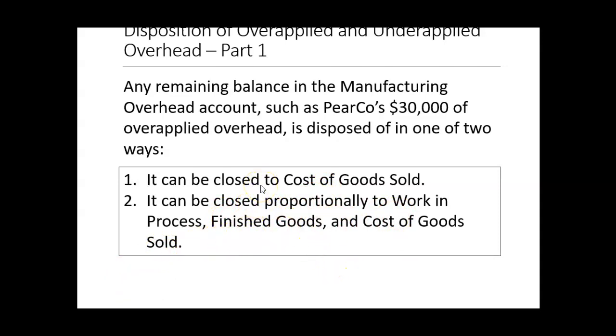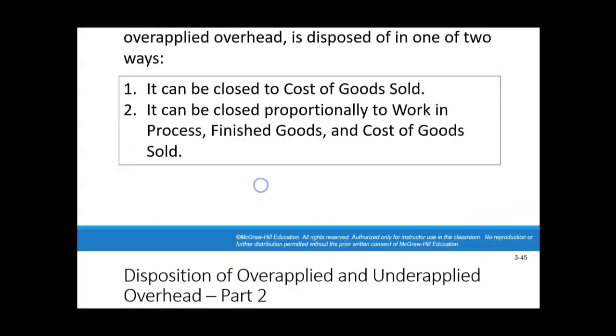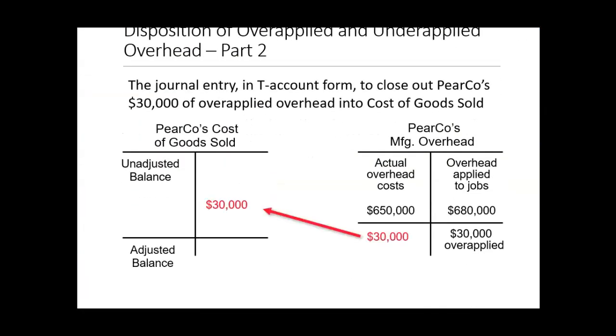We're going to look at option number one. All right. So in this situation, we're going to apply the overapplied overhead to the cost of goods sold account. What it means is that cost of goods sold was overstated. We applied more cost to this job than what we should have.